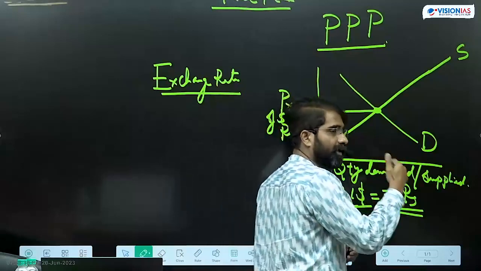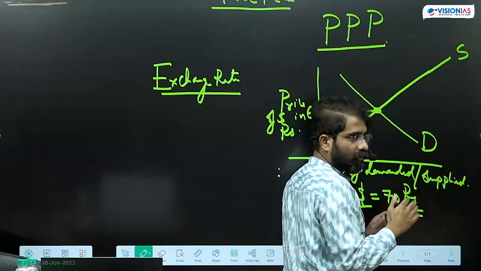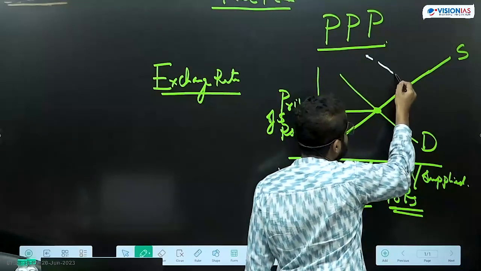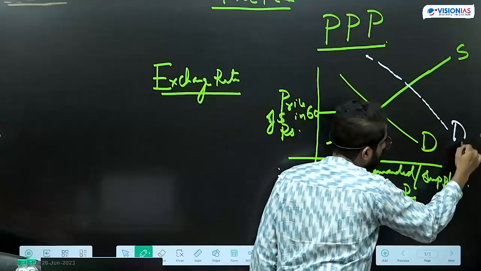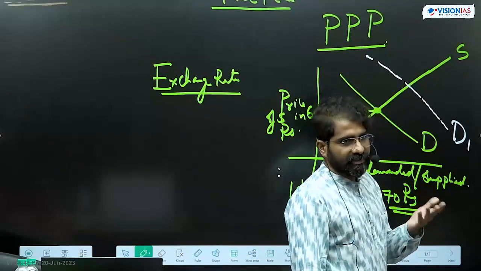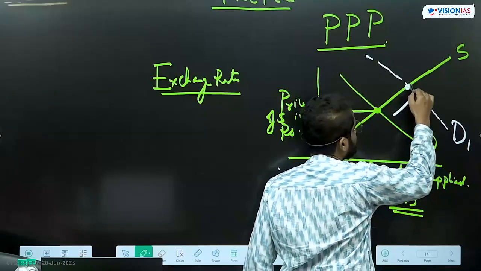More demand means a rightward shift or leftward shift? We have discussed that. More demand for dollars means there will be a rightward shift of the demand graph. So this is the new demand for dollars.